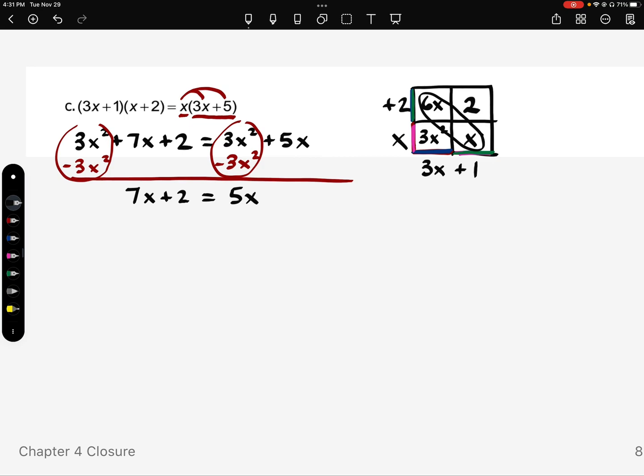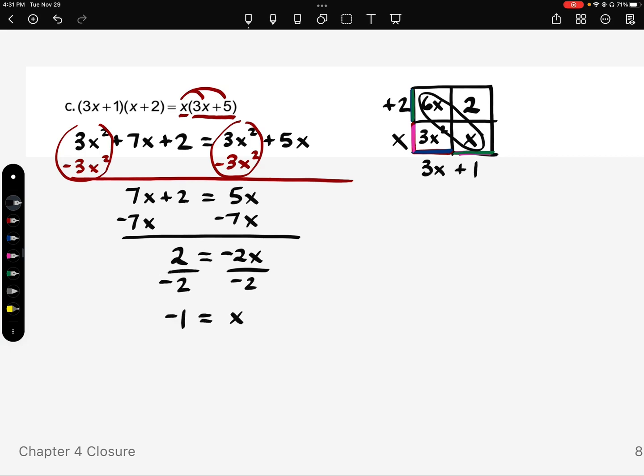And you can do this any which way you want. I'm not afraid of negative numbers, so I'm going to go ahead and just subtract 7x from each side. I get 2 is equal to negative 2x, so that when we divide by negative 2, we're going to get negative 1 is equal to x.